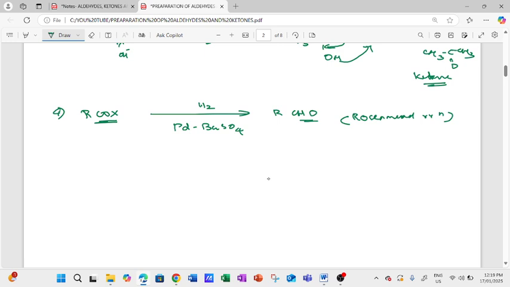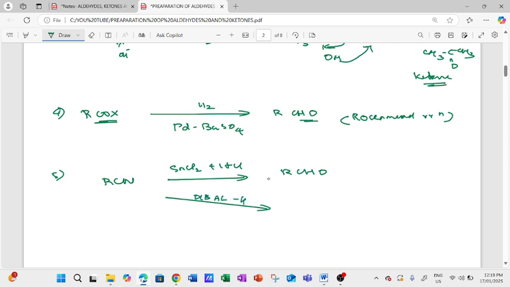Similarly, the fifth method is again RCHO, only for aldehyde in this case, from alkyl cyanide or nitrile by using two methods. Either by adding stannous chloride in presence of HCl or by adding DIBAL-H, diisobutyl aluminum hydride.